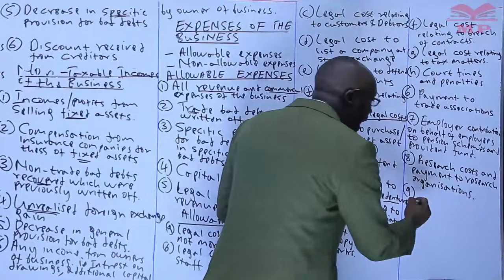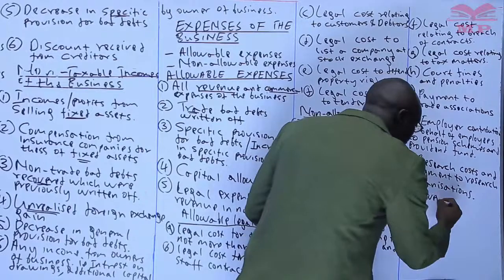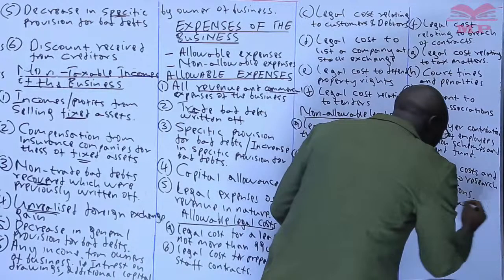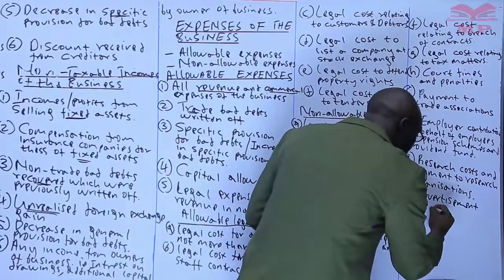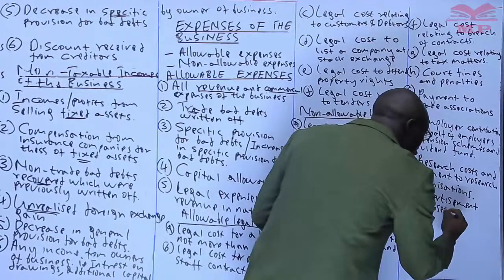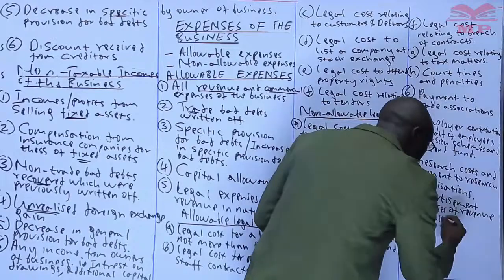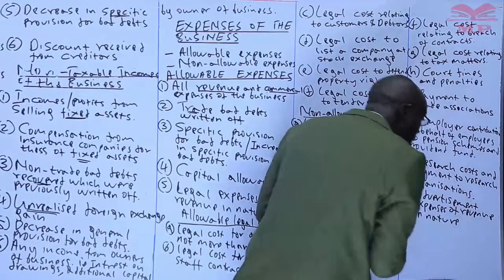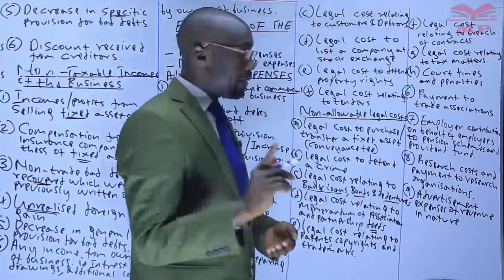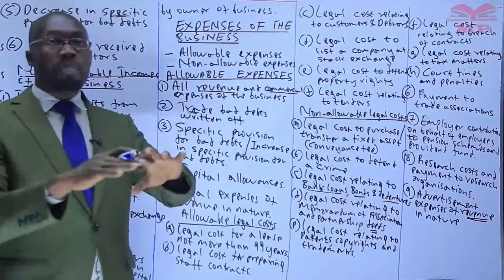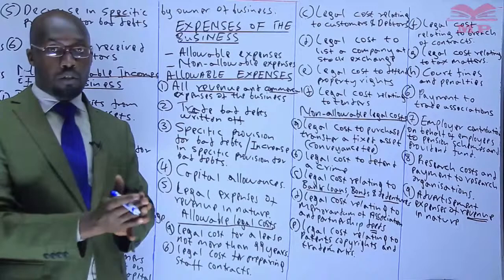We have advertisement expenses of revenue in nature. So the key thing there, we said these are expenses you incur and the benefit is realized within a short period of time, usually within a year.